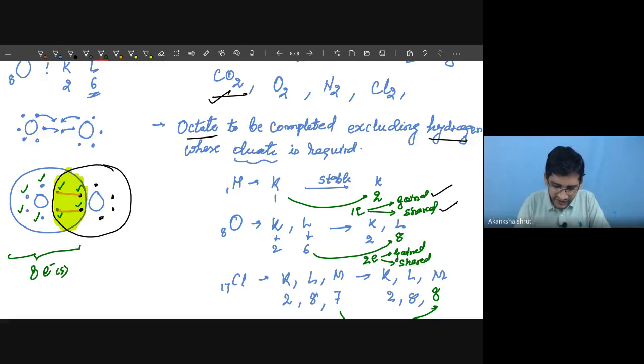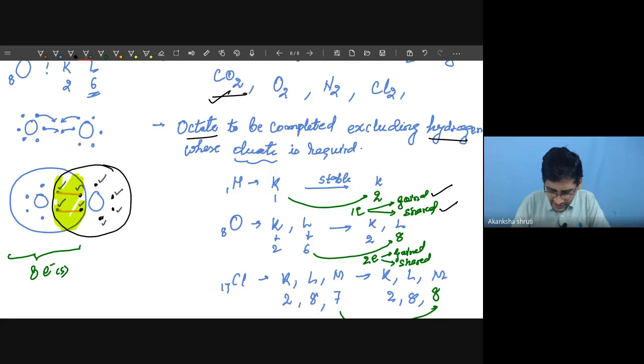Similarly, for counting the electrons in the right oxygen, we need to observe the same thing. Count it again, students. For the right oxygen: 1 electron, 2, 3, 4, 5, 6, and 2 more electrons, which now come under the control of the right oxygen because of sharing.